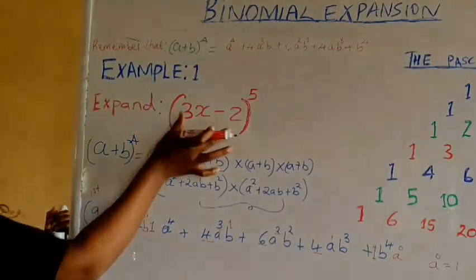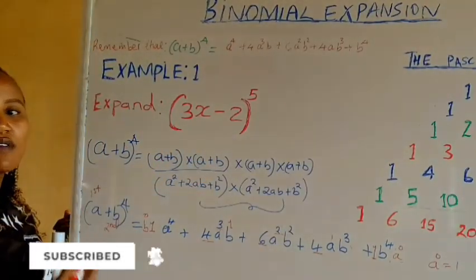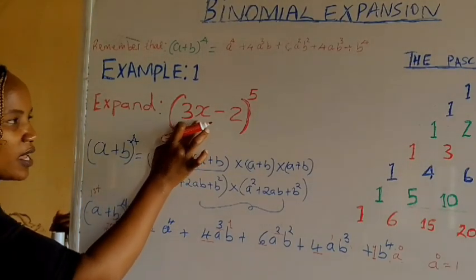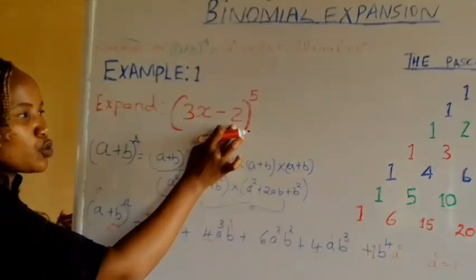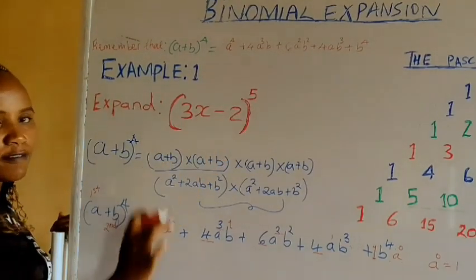So we want to look at our example now, using this knowledge that we have just gotten, to expand 3x minus 2 in brackets power 5.